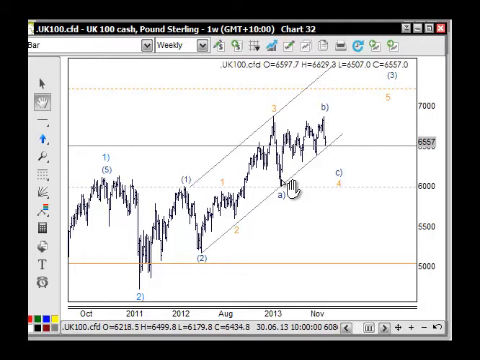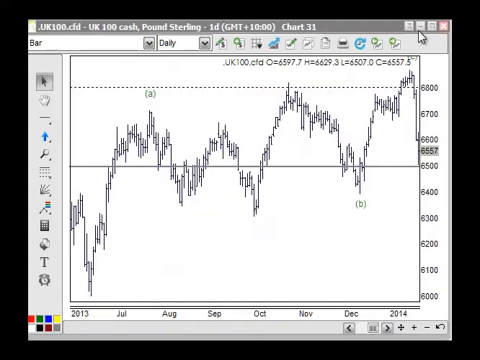This is in 5 waves here, so we need to look at this as a complicated B wave correction, and then the C wave here will be in 5 waves through here. So pretty much a flat correction moving across this medium level here, 6,500. However, it's the same count in moving down through here, so we'll be counting the same as the S&P 500, the DAX, and so forth moving through here.